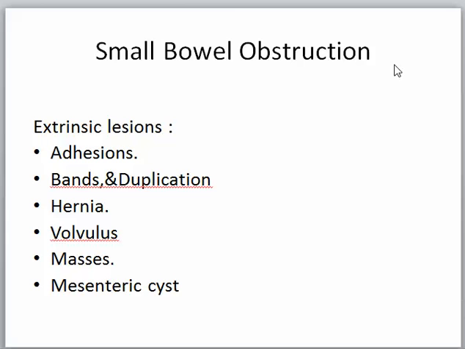Small bowel obstruction could be extrinsic due to adhesions, this is the most common, or hernia, or volvulus, or masses and bands like superior mesenteric artery syndrome.